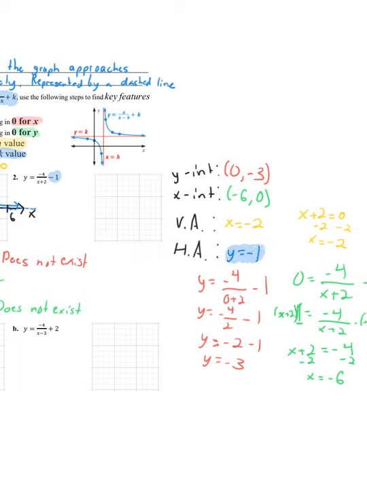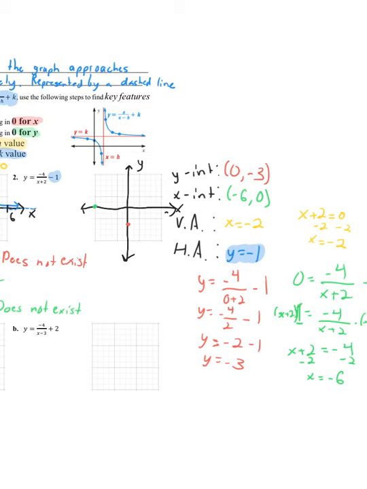All right, now I can go ahead and sketch my graph. On this one, I'll just go ahead and center it again. I'll put my x and y values, and I'm going to go ahead and plot some points: (0, -3) and (-6, 0).